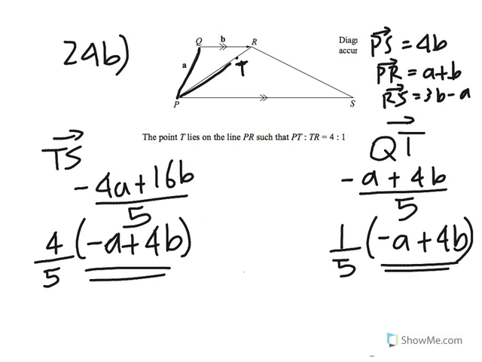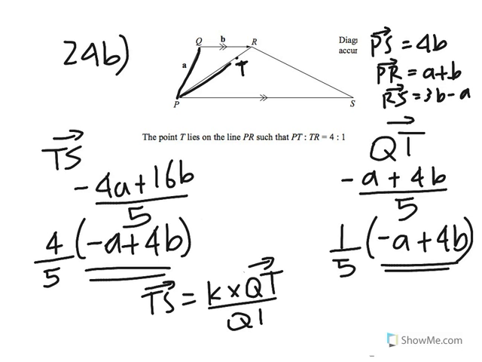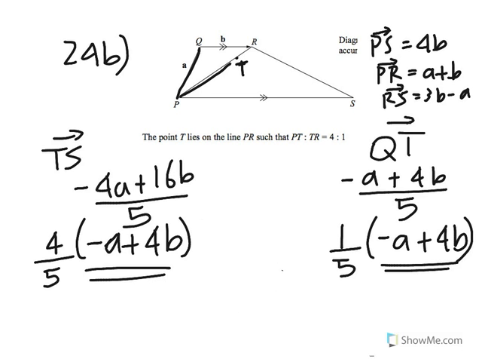And if TS is equal to K times QT, if we were going to do TS divided by QT, we would get the K, because if we just divide both sides by QT, we're going to get TS over QT is equal to K. So simply, we're just going to divide both vectors.